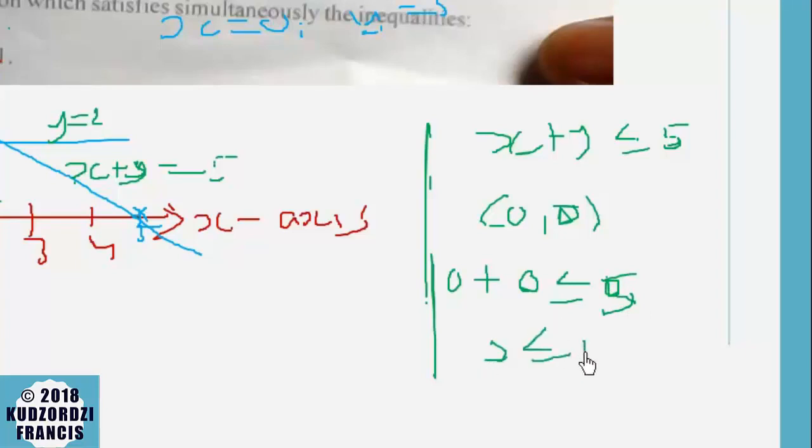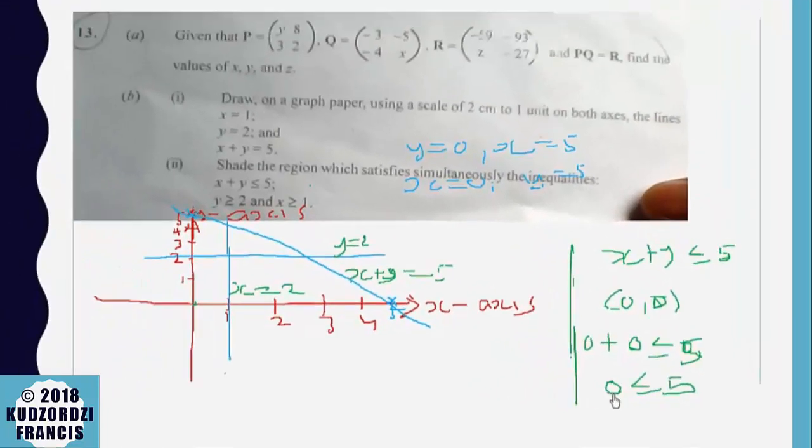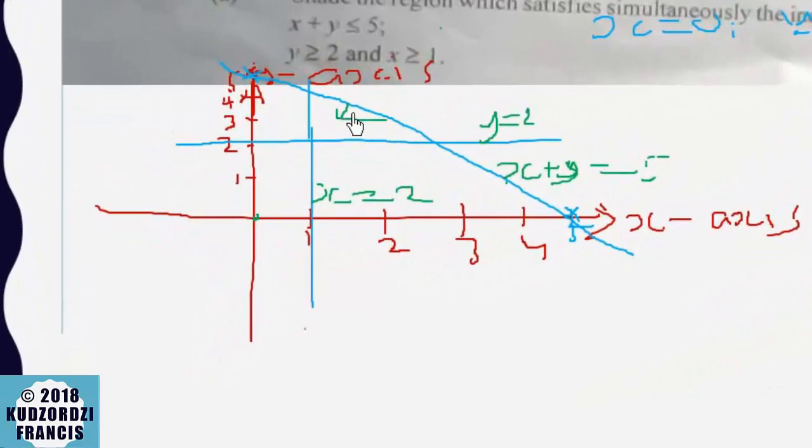Then this will give us 0 is less than or equal to 5. This is very true. So we are going to shade downwards, that is the lower half of the line x plus y equal 5. Now for y equal 2, we shade upwards, the upper half, and for x equal 1, we shade also the right half.